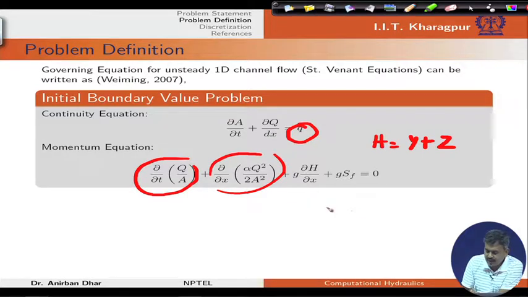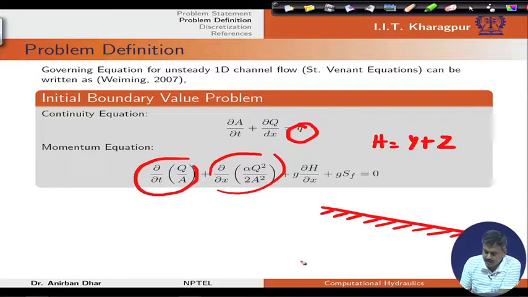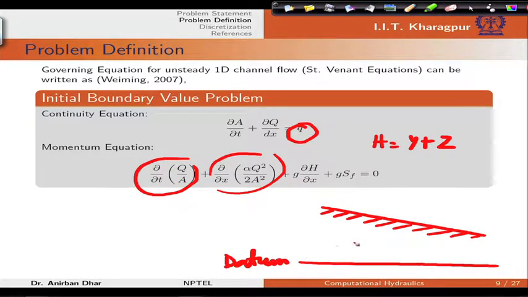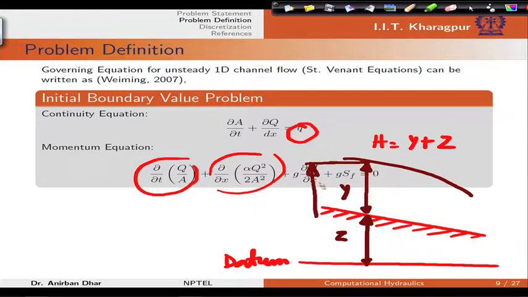So, for any channel, let us say this is a channel and we have this datum. For this datum, at any section, this is our z and this is our y. So, the total thing is H or y plus z.